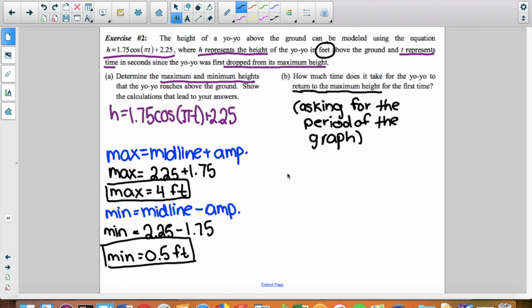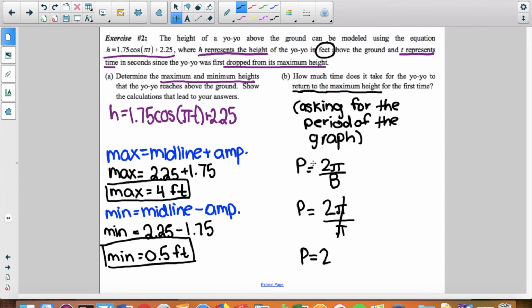Now remember, there's a formula we use for this, which is period equals 2 pi divided by the frequency. We don't know our period, but we know that our frequency is pi. So we're doing 2 pi divided by pi. The pi's will cancel, and we get that our period is 2.